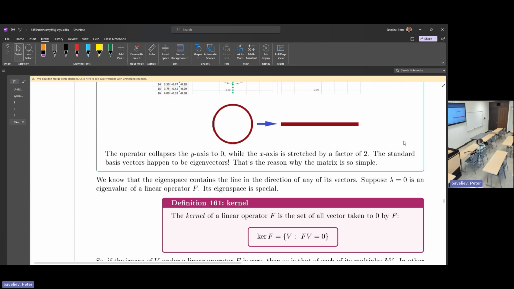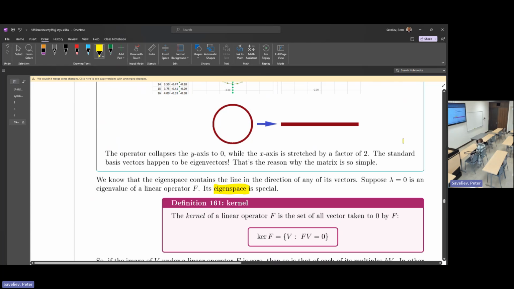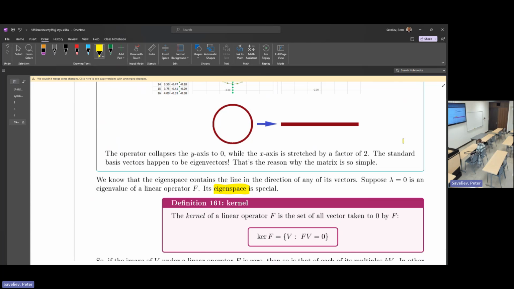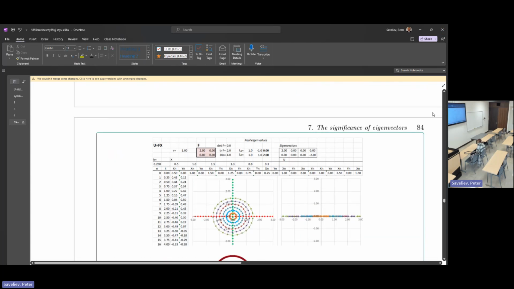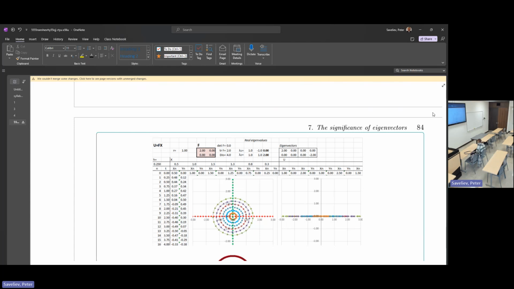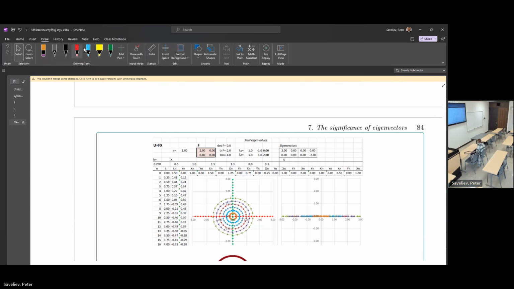If 0 is our eigenvalue, which it might not be, in that case we form its eigenspace, and that is the space that goes entirely to 0. What we have seen here is the simplest case: the whole vertical direction collapses, and so the green is my kernel.